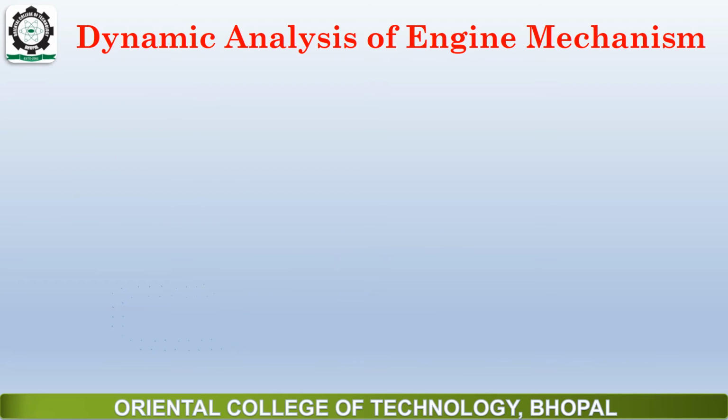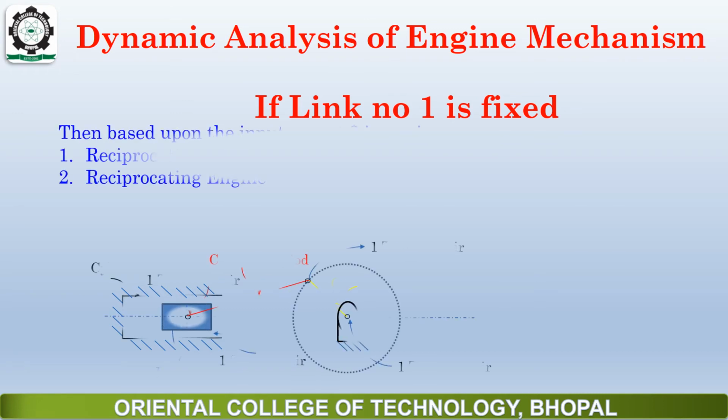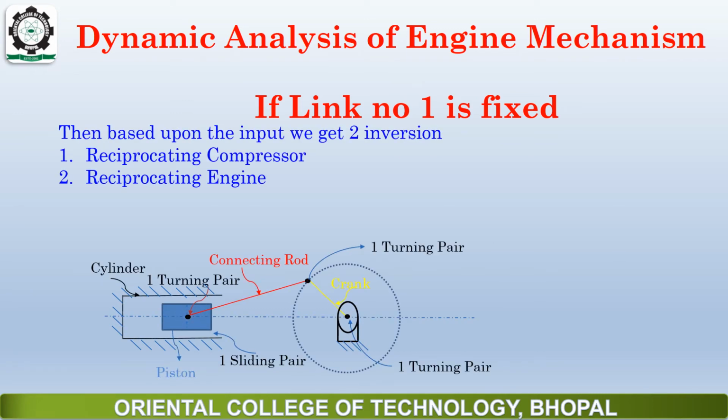If we fix link number one in the single slider crank chain, what is inversion? Inversion is actually when we fix a link, so we get different inversions. In the single slider crank chain mechanism, if we fix link number one, which is the cylinder, then we will get two inversions.